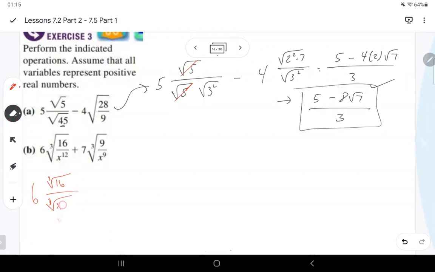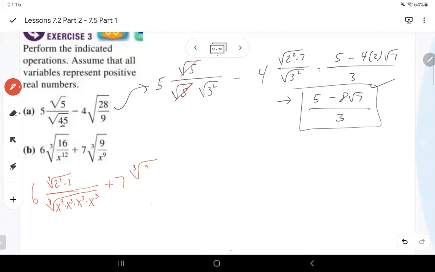I'm going to go ahead and make some changes here. This will be 2 cubed times 2, and then x to the 12th, we're going to do x cubed times x cubed. That gives us x to the 6th, x cubed, x to the 9th, x cubed, that's x to the 12th, plus 7 on the outside.